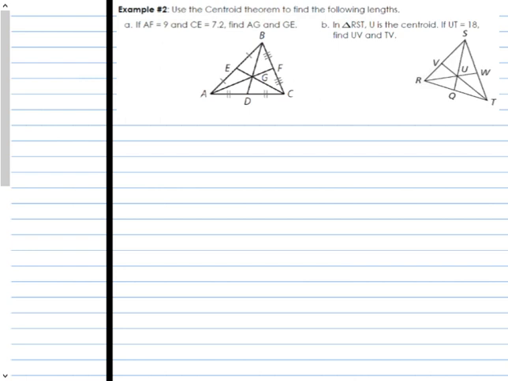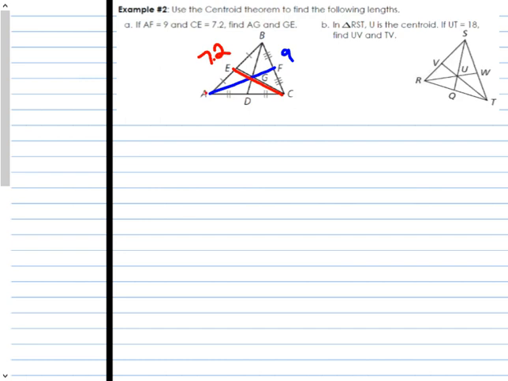Example 2. Use the centroid theorem to find the following lengths. If AF is 9, so this position is 9, and CE is 7.2, find AG and GE. Okay. So AF is 9.